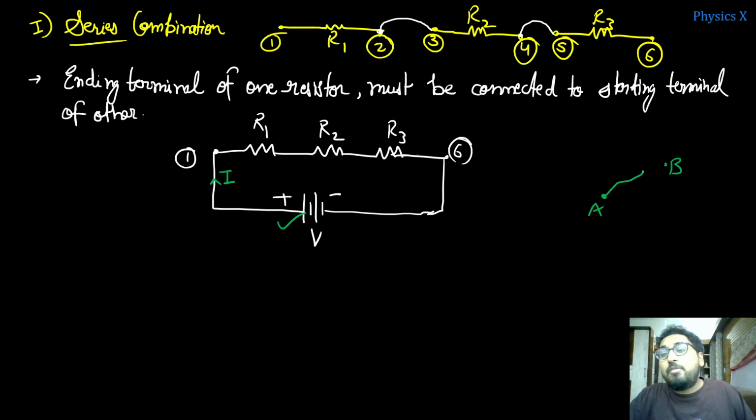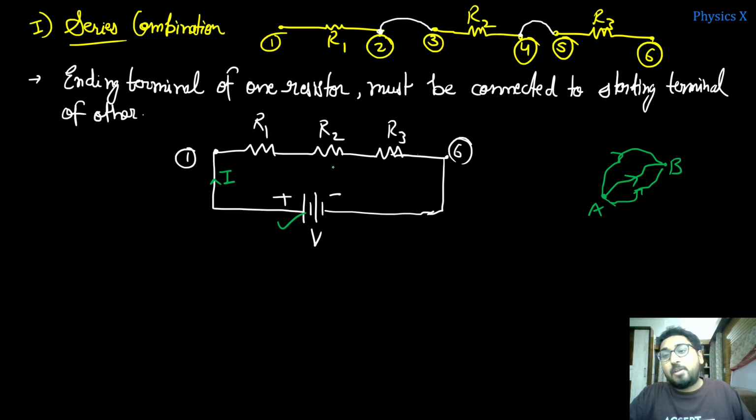If there is only one road connecting these, your vehicles can go only on this road. Suppose there are so many roads to go from A to B, then you have so many options to go from A to B via different routes. That is the same case with the current. So the current has only one highway to flow, right? The vehicle has only one highway to go. So the current won't be going anywhere other than this path.